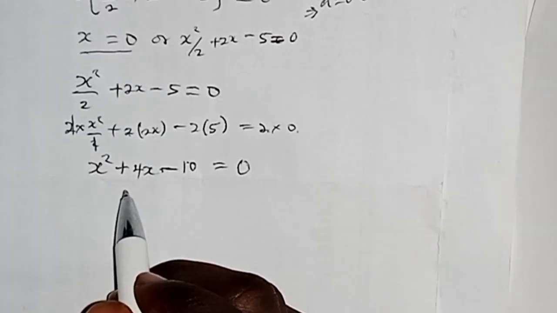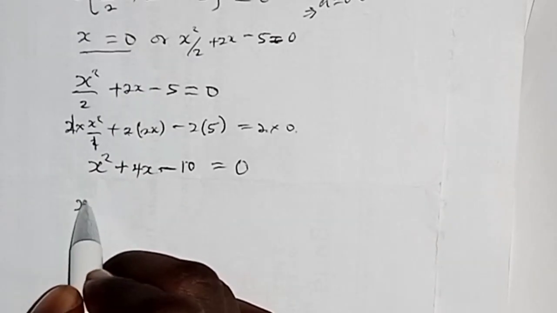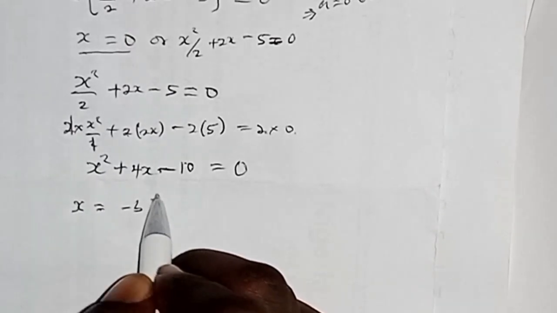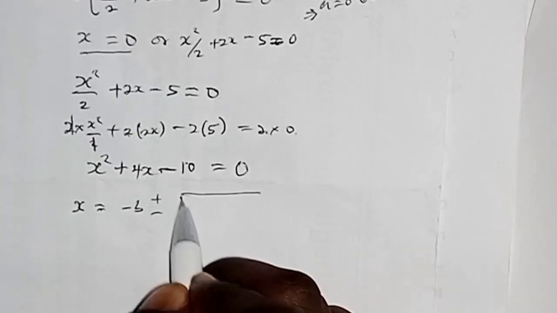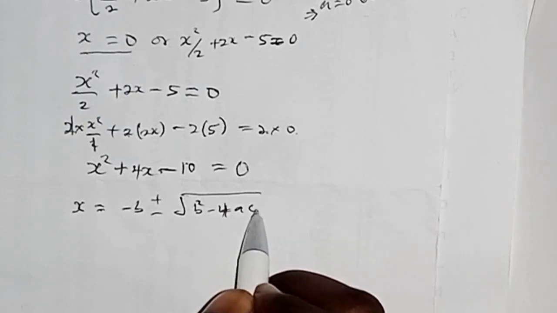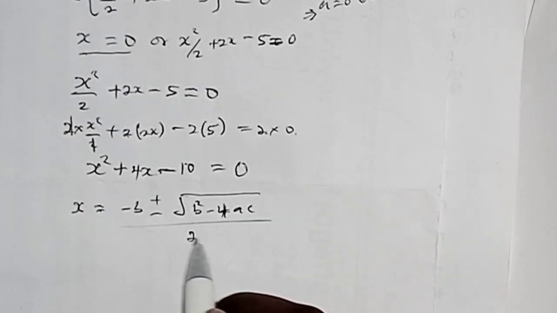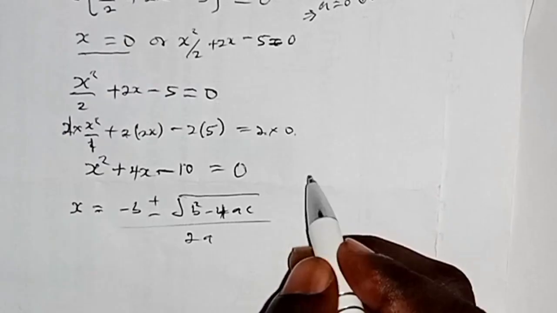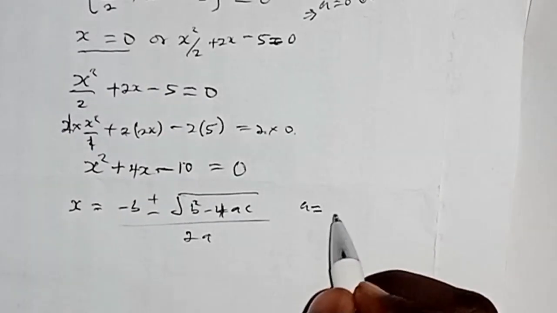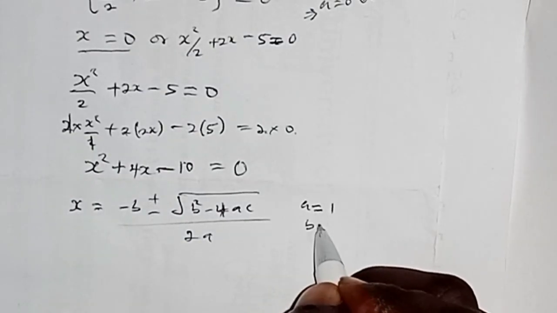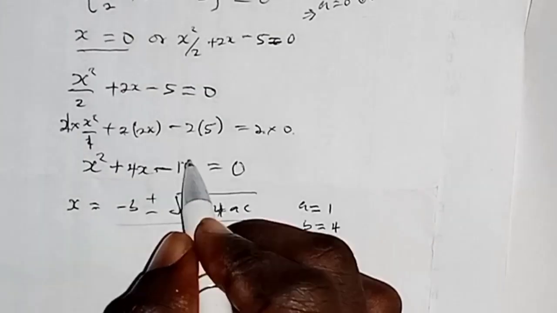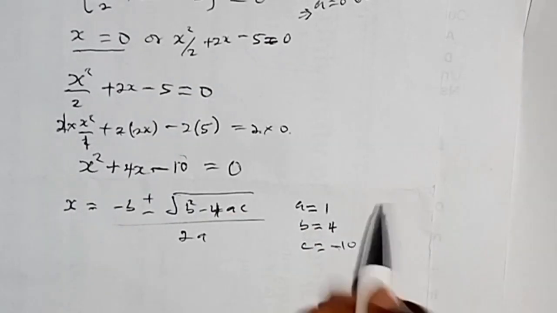I'm just going to be using the formula method, which basically says that x is equal to minus b plus or minus the square root of b squared minus 4ac, all divided by 2a. In this case, my a, which is the coefficient of x squared, is equal to 1. My b, which is the coefficient of x, is equal to 4, and c, which is the constant, is equal to minus 10.